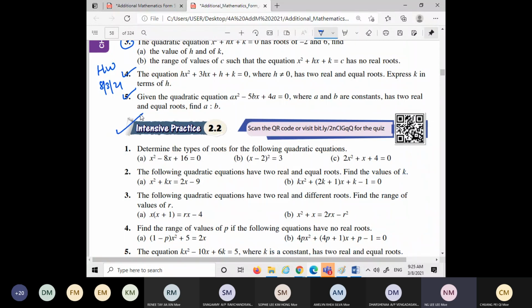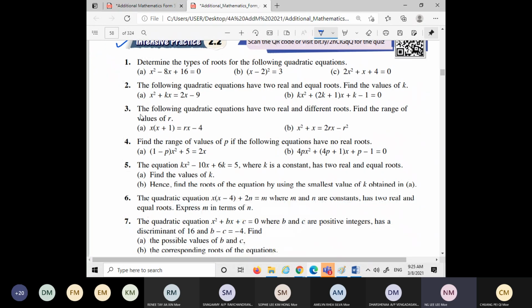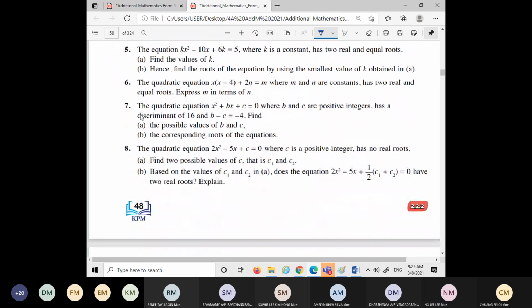But for this exercise, maybe I will go through a bit here. I will go through these 2 questions for you, but you still do. The rest you do by yourself.